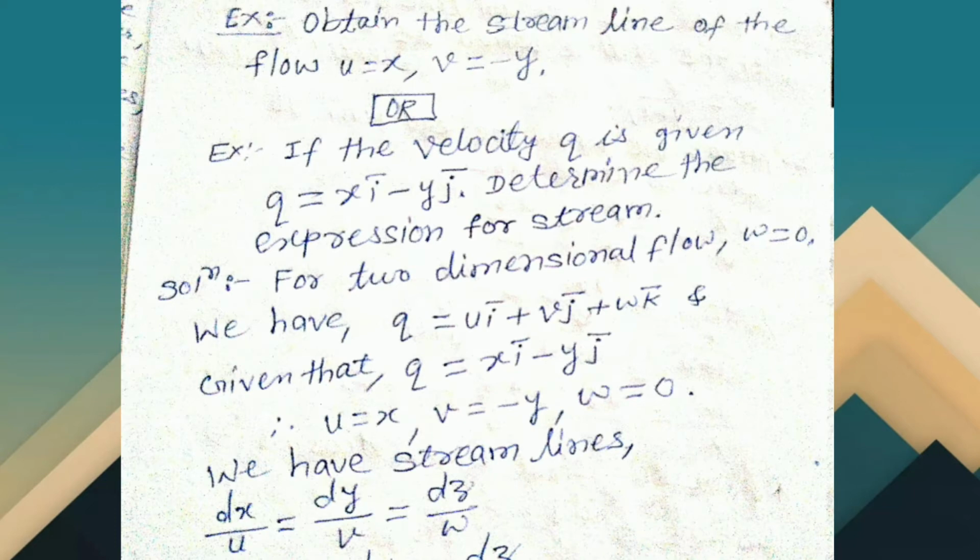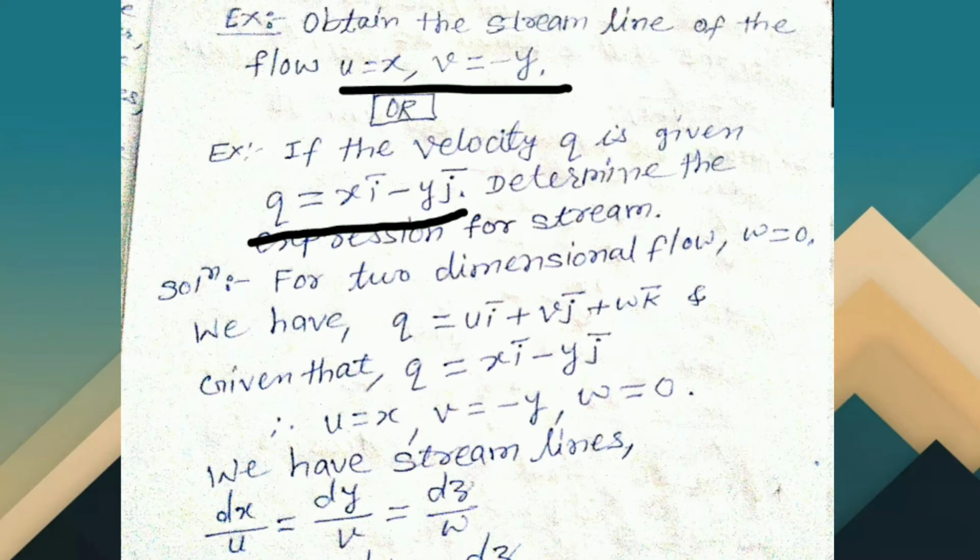This can be written another way: if the velocity q is given as q is equal to xi minus yj, determine the expression for the streamlines. The solution of these two examples is the same.